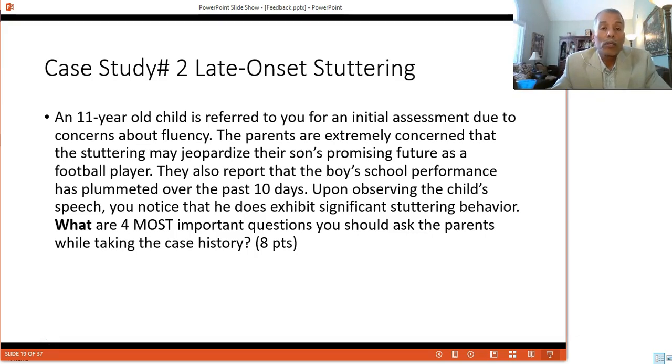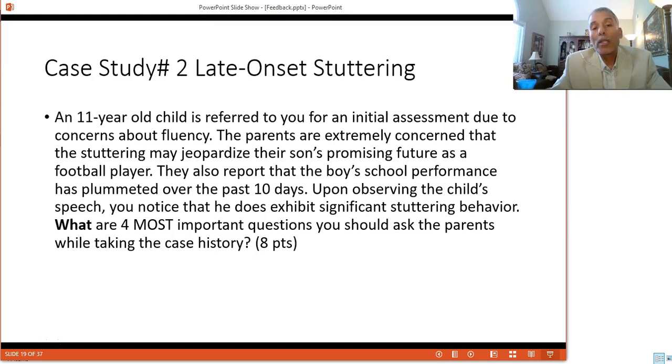Why now be concerned about stuttering and that it will affect their child's performance? And then you have another cue that he plays football. Do people have injuries in football? So right up front, this case is not a developmental stuttering case.